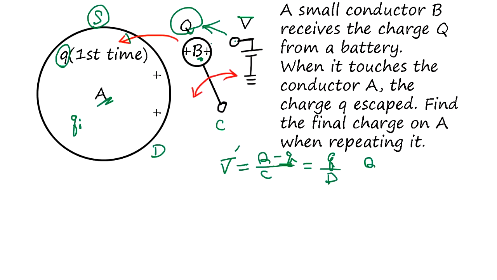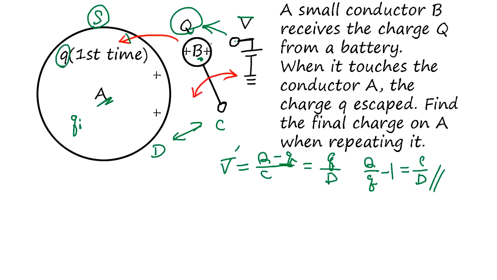So Q over q minus 1 equals C over D. So we establish the capacitor ratio by the given parameters capital Q and lowercase q.